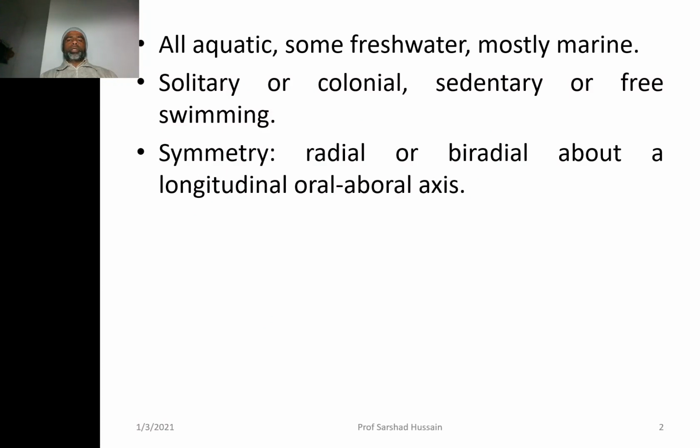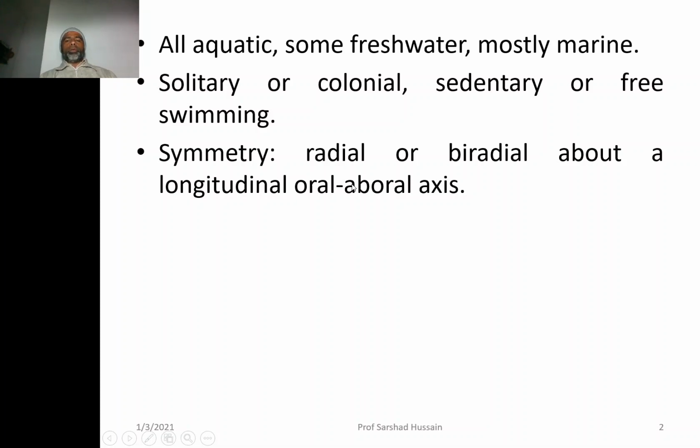Symmetry is radial or biradial about a longitudinal oral-aboral axis. Their body is a little bit elongated, and on one end of this elongated structure you have an oral aperture, and the end opposite to the oral aperture, opposite to the end which is having the mouth, is called aboral.